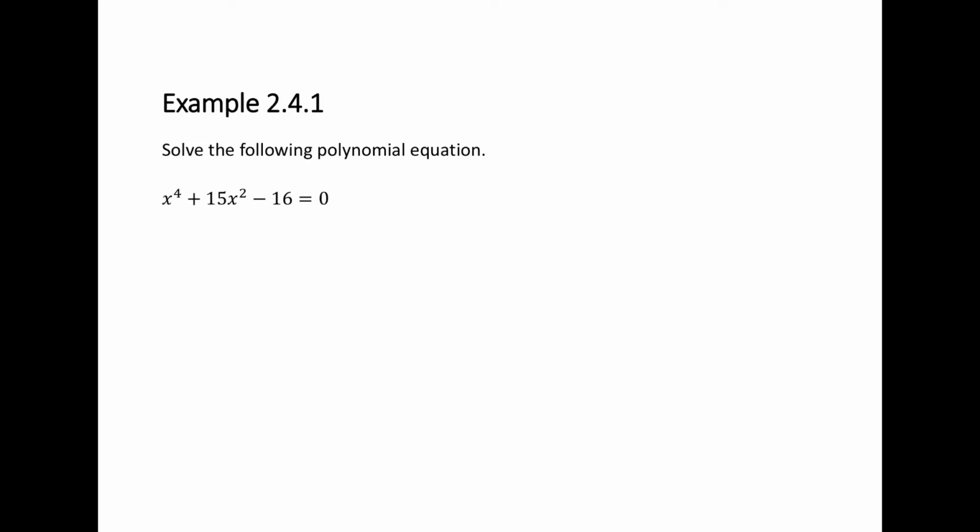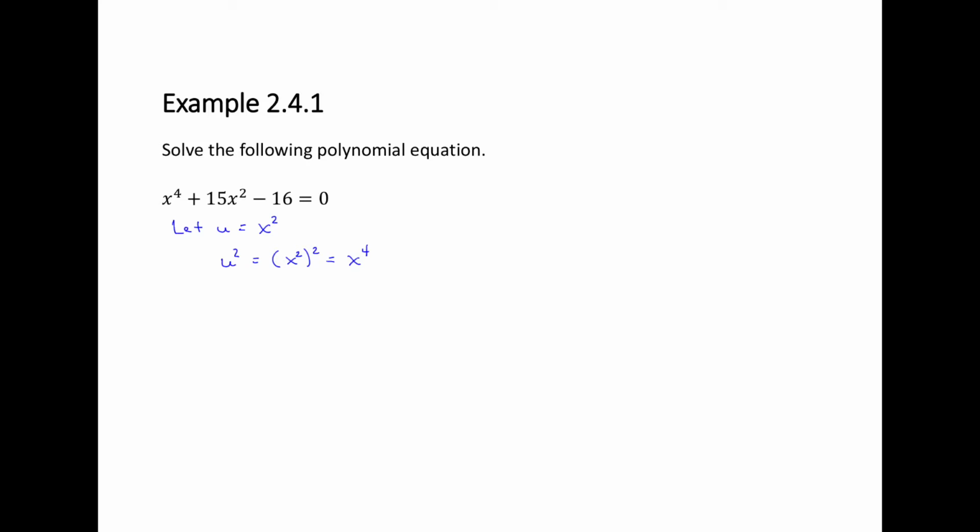To solve this, I will start by letting u equal x squared. Always let u equal the variable with the smaller exponent. Then u squared would equal x squared squared, or x to the fourth power.